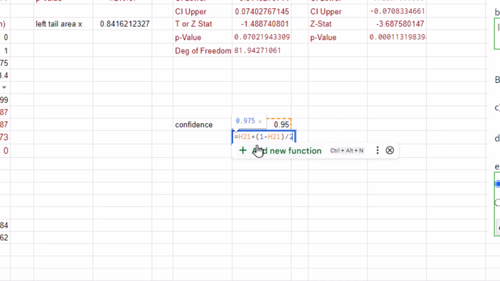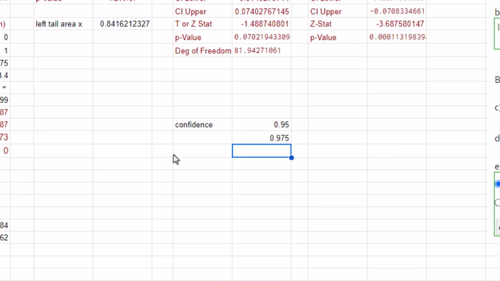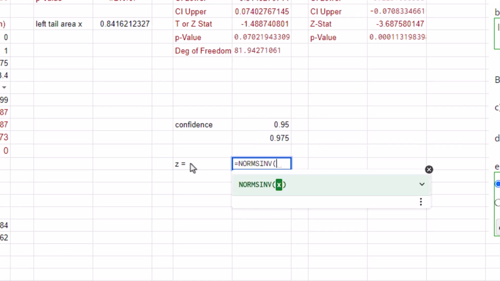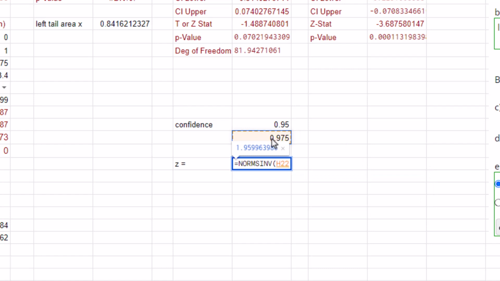So it's important that you understand how I did this formula, because if you do the formula once, then you can reuse this over and over again. All right, so now here I can find my z value with the equal, and I've shown this in other videos, NORMSINV, that value, my 0.975, what I'm having to look up, and I see that I get 1.96, and this doesn't round.